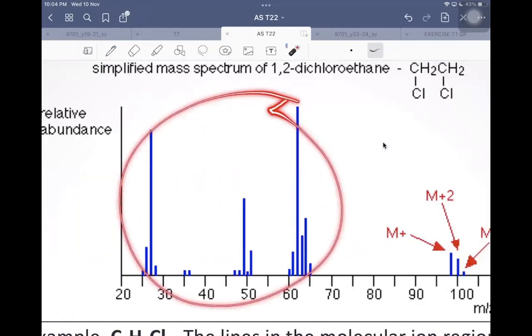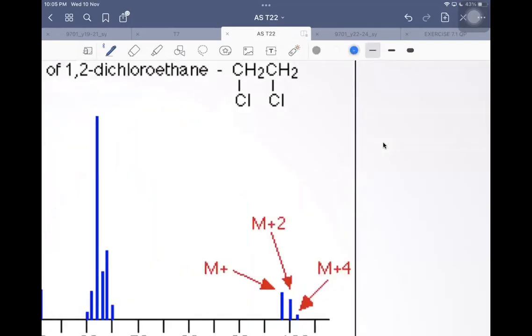So let's see. CH2Cl, CH2Cl. I'll start by drawing out the molecule. The most common isotope is chlorine 35, so the most common molecule is made up of both chlorine 35s, and the mass for this is 12 times 2 plus 4 hydrogen plus 35 times 2.